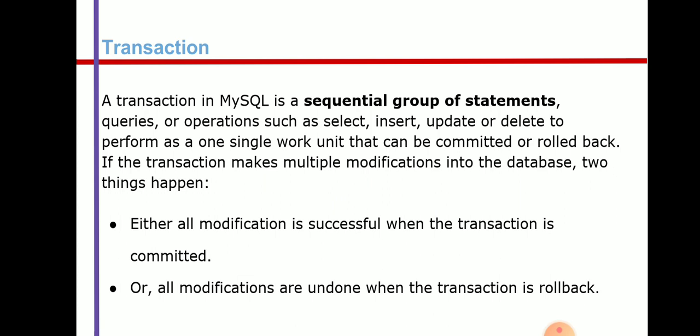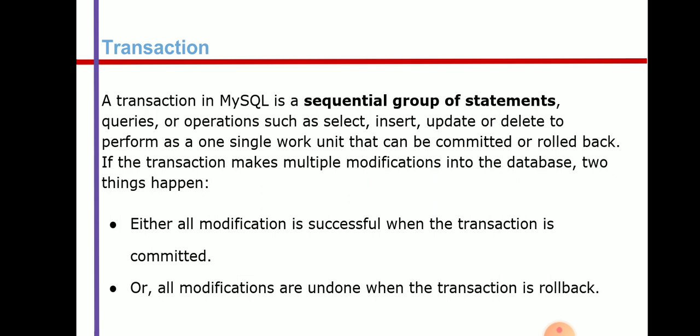For example, we will take an example of a bank transaction. If any user wants to send money to another account, first it will check the availability of the amount in the user's bank account.